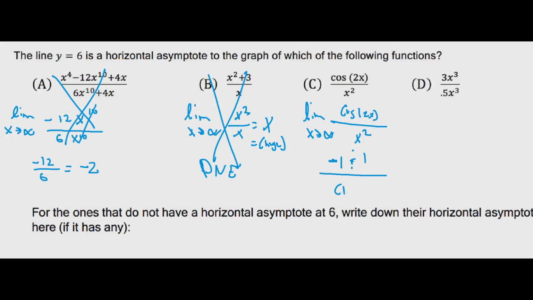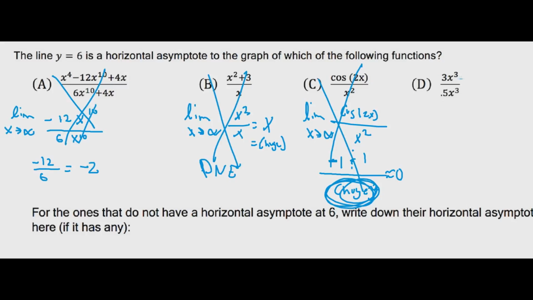Well, the x squared is going to be really big, so essentially I'm going to get bigger and bigger on the denominator, while my numerator values just oscillate between negative 1 and 1. Therefore, this is going to get closer and closer to 0 because it's going to keep getting a bigger and bigger number in the denominator. Well, that's not 6, so we can cancel that out.